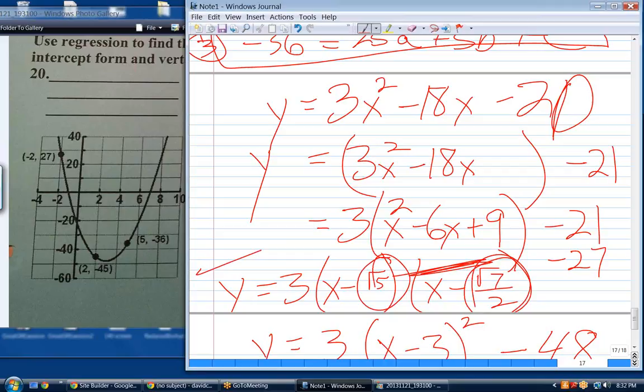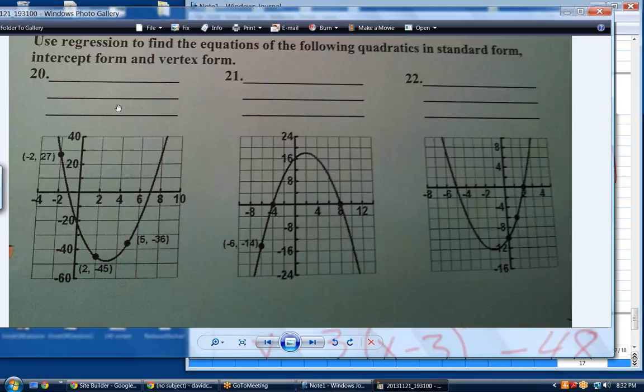Okay, so you know how to go from standard format to x-intercept format and to vertex format. It's not a particularly easy thing to do, unless it's nice. If it has nice intercepts, obviously this one's going to factor nicely.